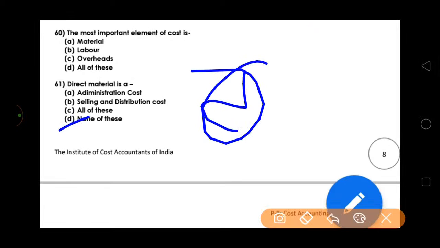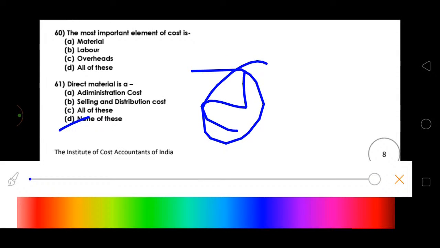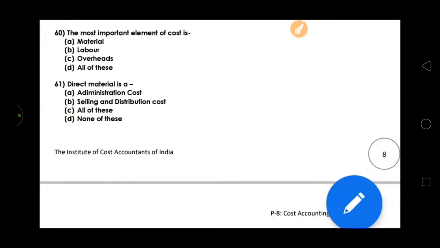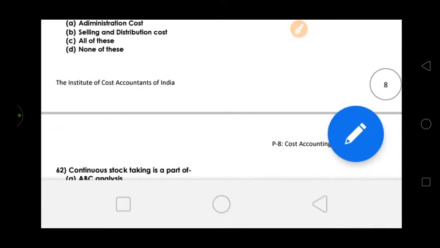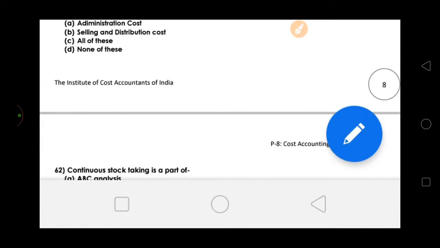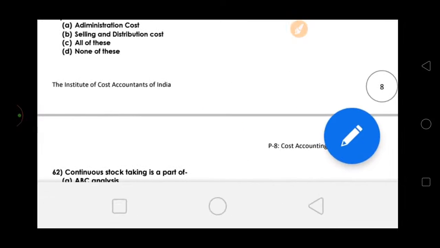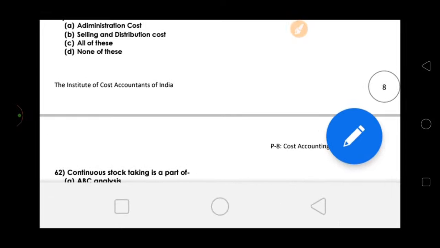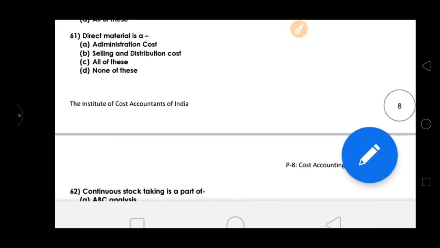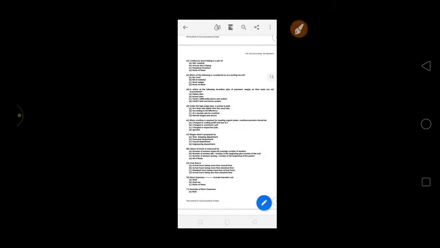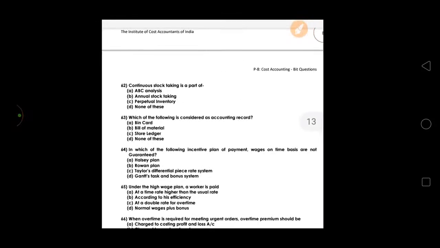D is the right answer, because selling and distribution and administration costs also have direct expenses, for example direct fees and remunerations. These are called direct costs, direct material cost.